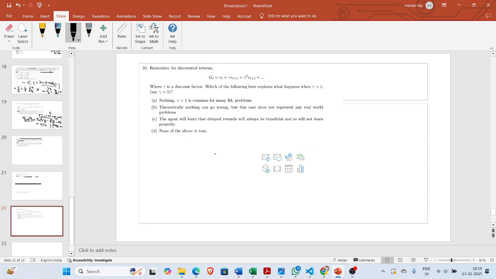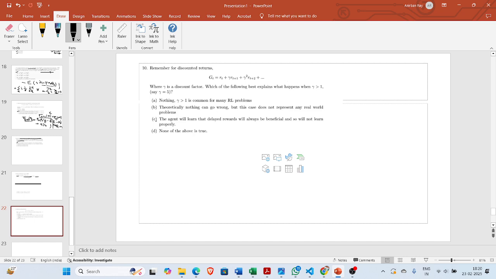So we are taking a gamma greater than 1. If gamma is greater than 1, then the algorithm will not converge. It will always think that delayed rewards are better, because as you go higher, to t plus n, gamma becomes more, so that is more beneficial, and it gives more importance to the delayed rewards.